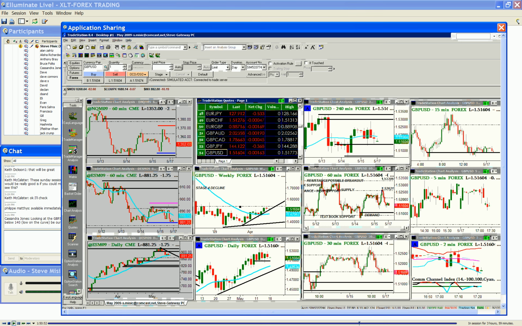So for a swing trader, on the British pound versus the Japanese yen, that demand level near 140 would be a good place to look for opening a swing trade. We'll go back and look at that before we're done here. Good catch there.